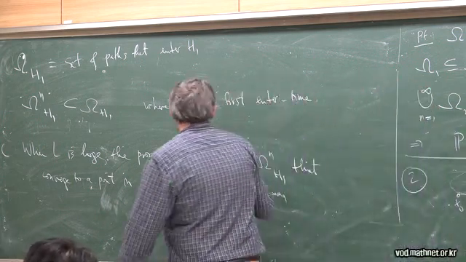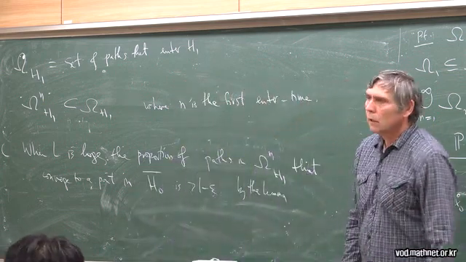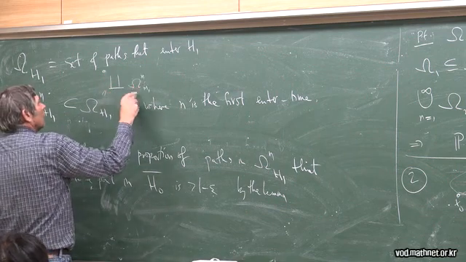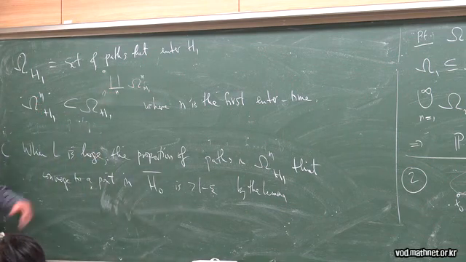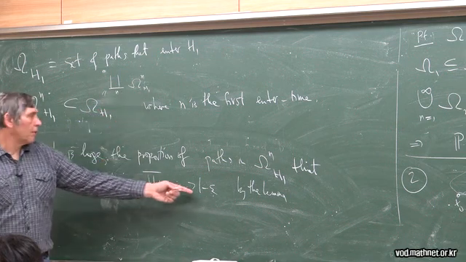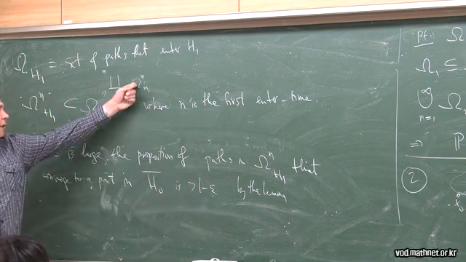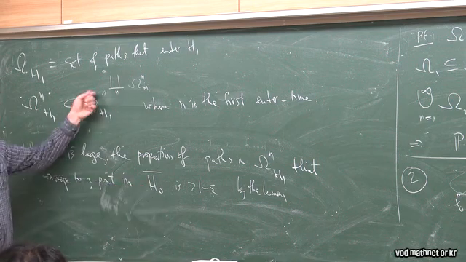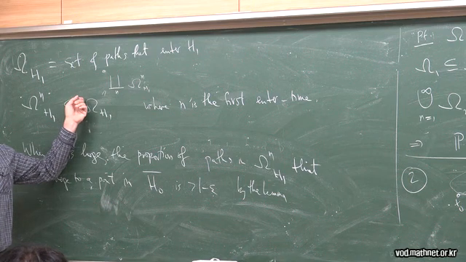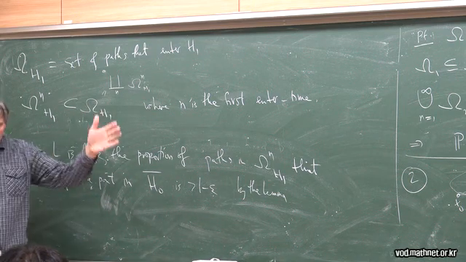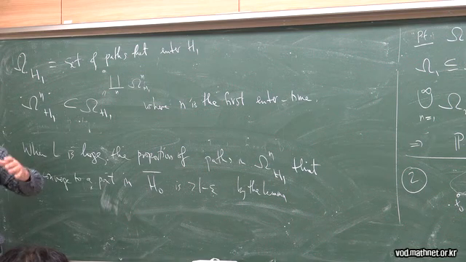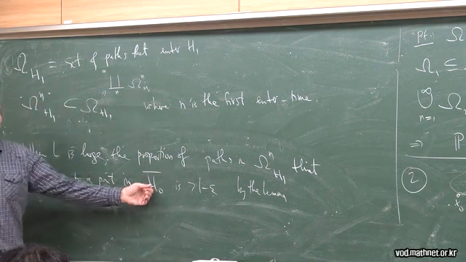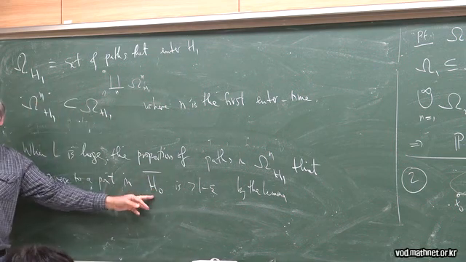Okay, and this is true for every n. This thing here is a disjoint union over all n. So it's a disjoint union of sets, but for each of them there's a very large proportion where the limit is in h0 bar. If I partition my set omega h1 into all these sets, and a large proportion of each set converges into here, then a large proportion of this whole set also converges in there.